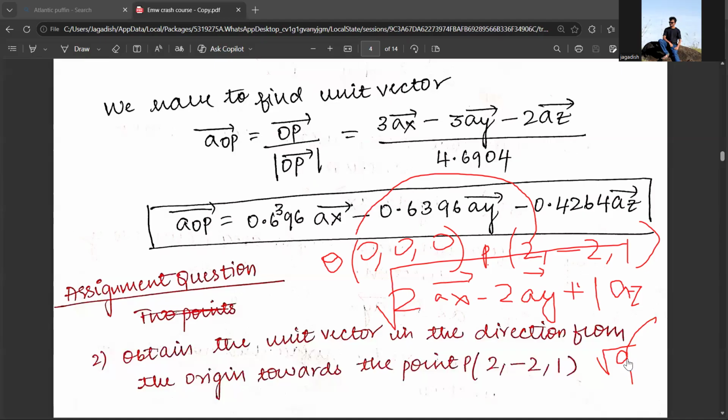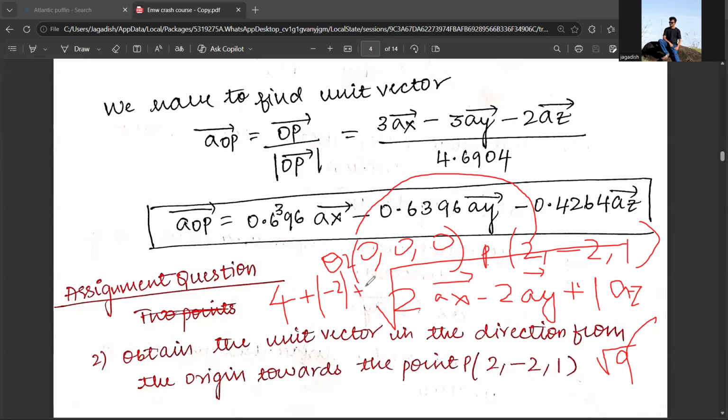Sir, I am getting 1. How? Root 2 the whole square. Root 2 the whole square is what? 4 plus minus 2 the whole square. What is minus 2 the whole square?